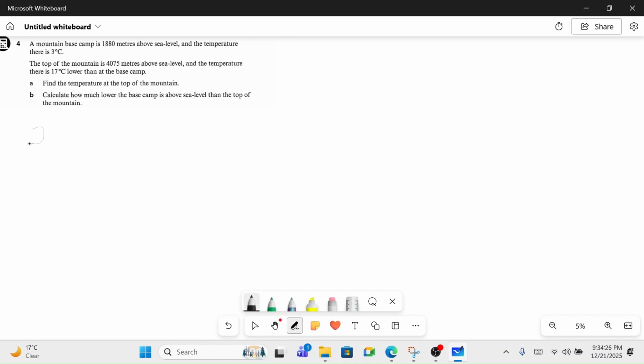Okay, so first, question number A, given. Of course, we have to first show the information that is displayed to us in a given format. So this is base temperature.